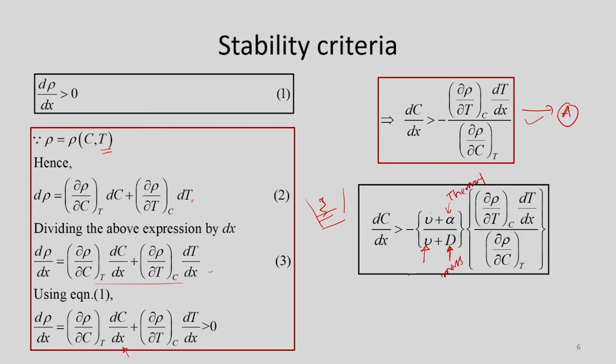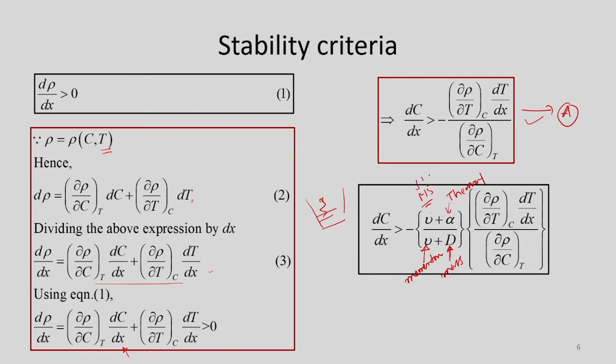As per the experimental observations, this value is found to be 1.15. So, dC by dx is greater than 1.15 times this expression, to be precise.